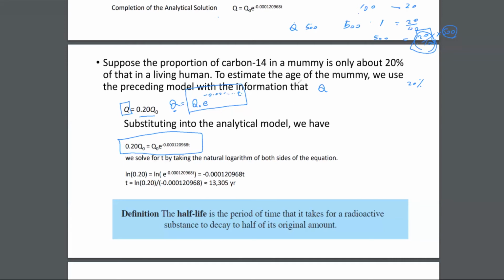So that means some amount, 80%, decayed, right? And I want to calculate the time it took to decay 80%, okay? So how do I calculate this? This means if I had 100 at the beginning, now I have 20. So that means if I have 1, it has 20 over 100.